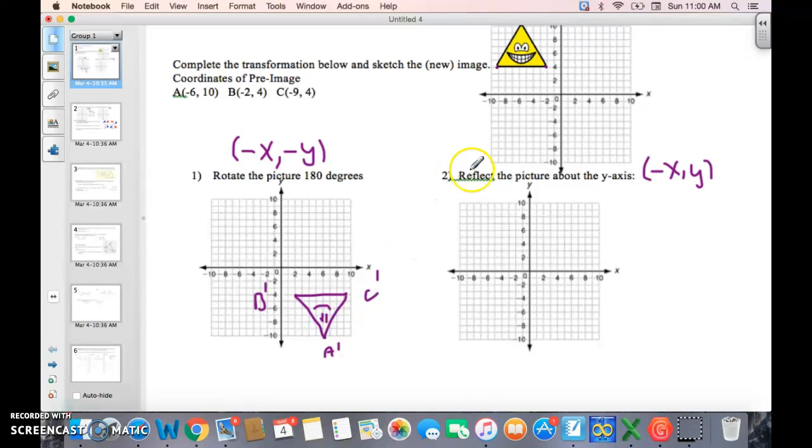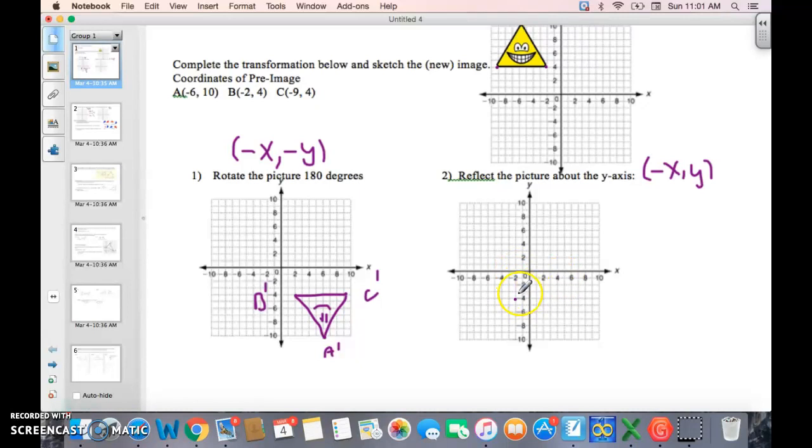All right, so next we're going to reflect across the y-axis. This right here is the y-axis. So the x is going to change, but the y is going to stay exactly the same. So here I'm going to notice that B is at +2, -4. It's going to go over to -2, -4.